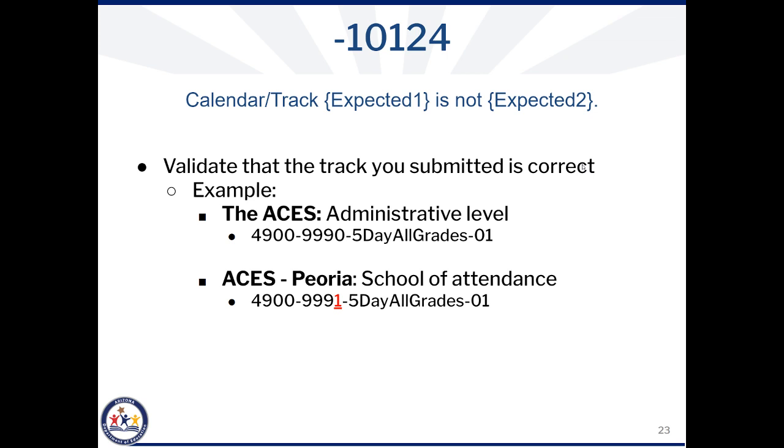The second is the entity ID code. Private day schools, similar to the way that districts and charter districts are set up, have a parent and child entity relationship. So likely if you're seeing this error, you're submitting the parent level or administrative level entity ID for the calendar code. So just make sure that if you are receiving this error, you're validating that you do in fact have the correct entity ID listed within your calendar code and the setup within your student information system.